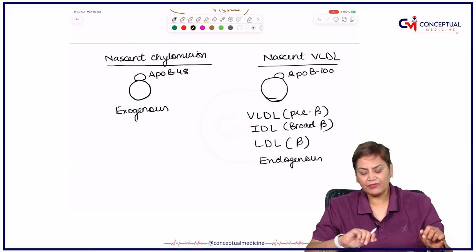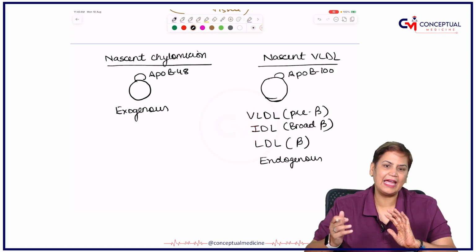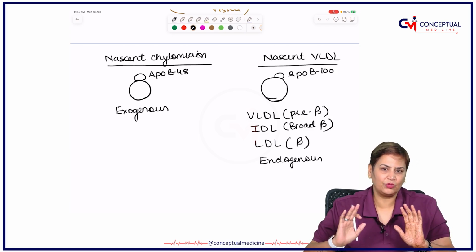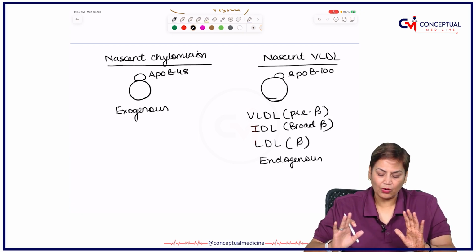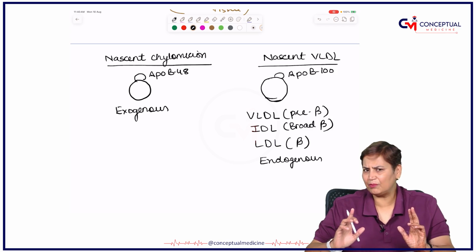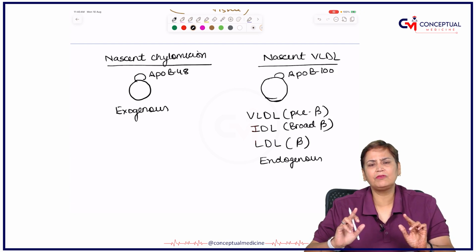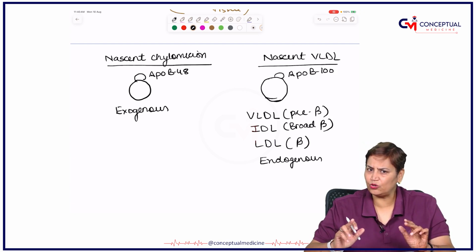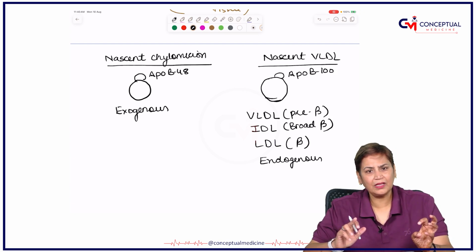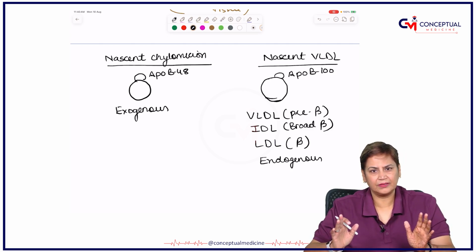Okay, so whenever we discuss the metabolism of VLDL, by default IDL and LDL will fit into that, right? So this is all about VLDL metabolism, a very, very important pre-beta lipoprotein, which is responsible for the transport of endogenous TGs from the liver to the extrahepatic organs.